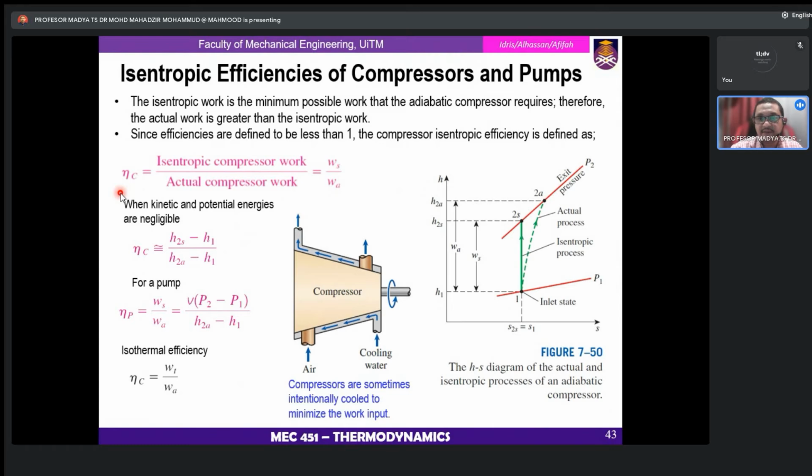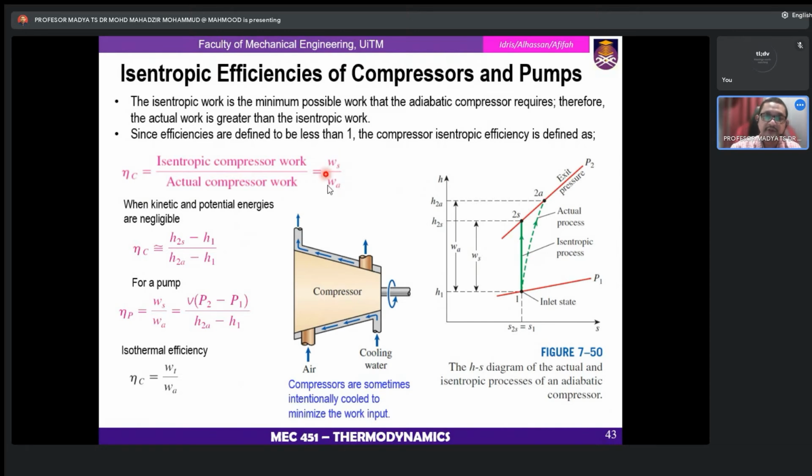For the compressor and pump, to find the isentropic efficiency, the isentropic compressor work is divided by the actual compressor work. So the formula will become work isentropic over work actual.